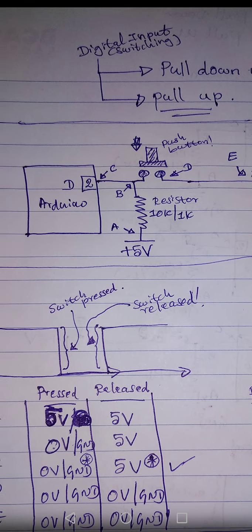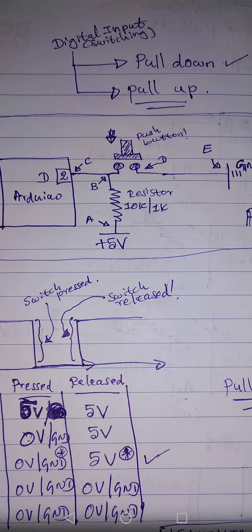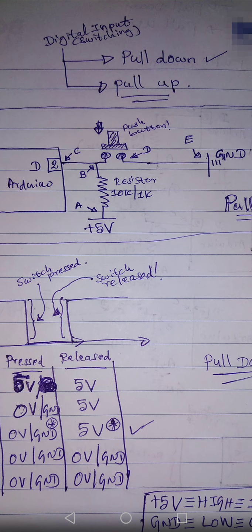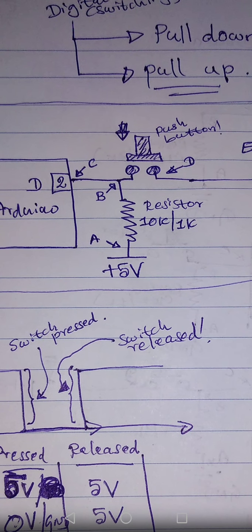You can analyze that, and you can even calculate the current value because V is 5 volts and you know the resistor value, whatever you are using, let's say 10 kilo ohm, 20 kilo ohm or 1 kilo ohm. But that doesn't matter to us because we are not worrying about that. We only want to know how these voltage values change when you press the button. When you press the button, obviously C becomes ground, right?